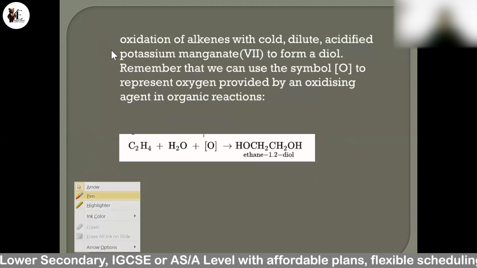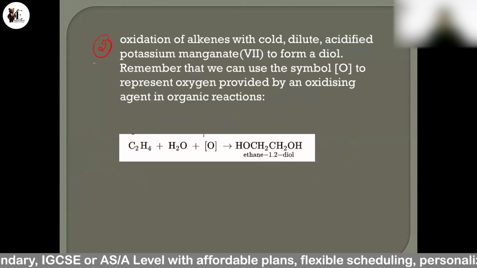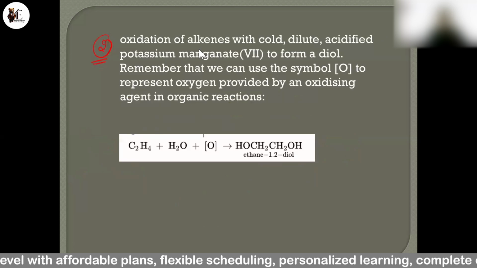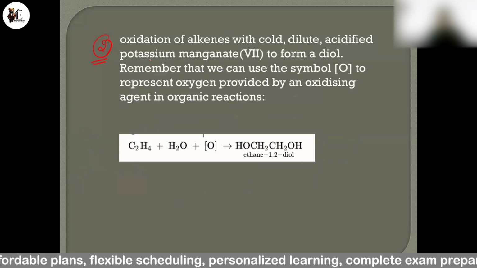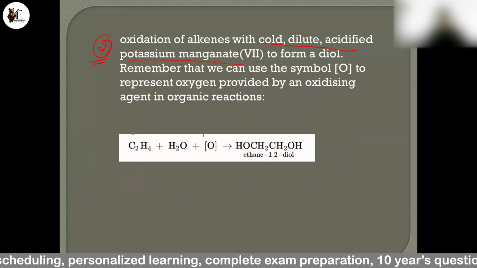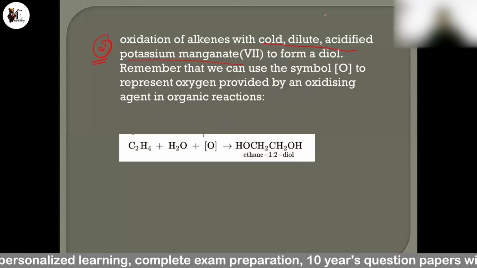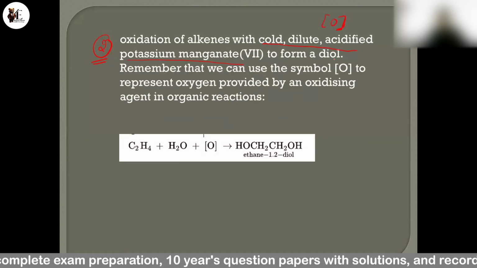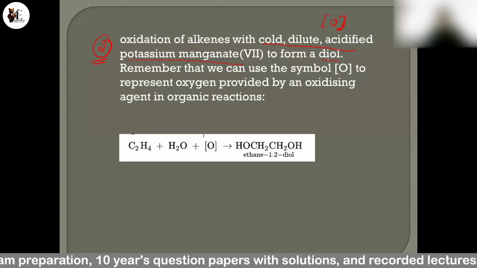Next reaction to prepare alcohols. This is the second method to prepare alcohol. This is oxidation of alkenes with cold dilute acidified potassium permanganate, KMnO4. This whole thing, cold dilute acidified potassium permanganate, will give you nascent oxygen, as discussed in the last chapter also. So it forms a diol, that means two hydroxy groups.